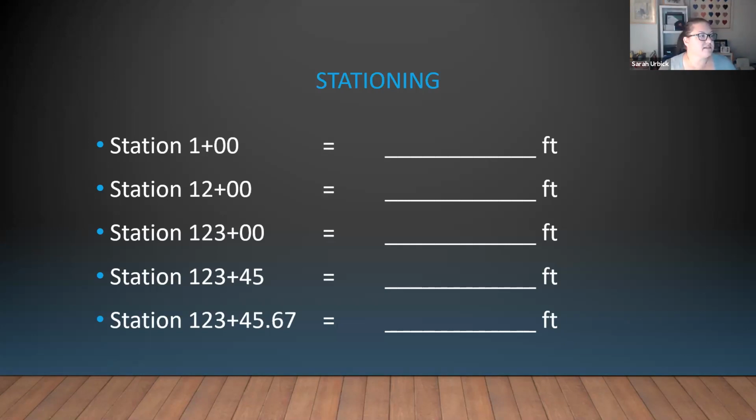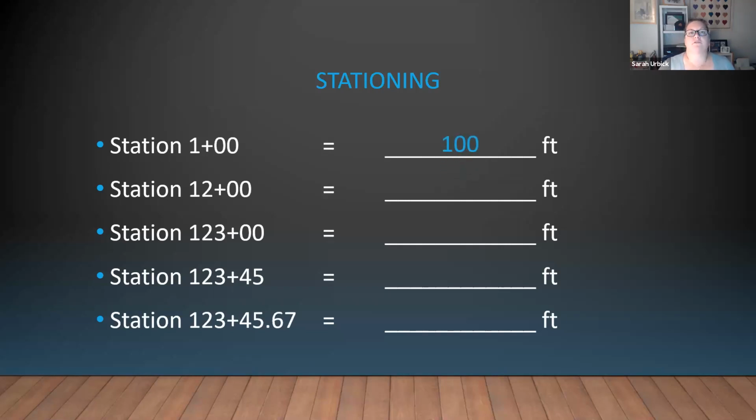So if I say that I'm at station 1 plus 00, how far am I from the beginning? These are all from our 0-point reference. Okay, seeing a couple chats. Nice, that's exactly it.